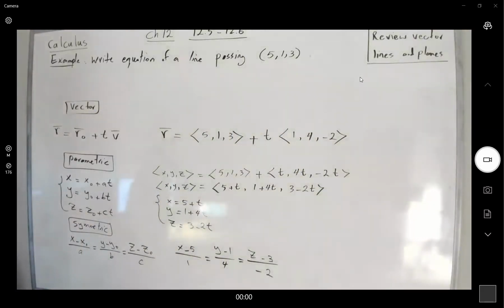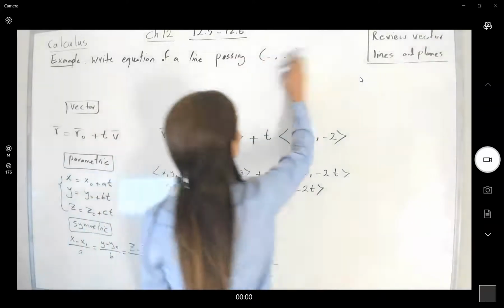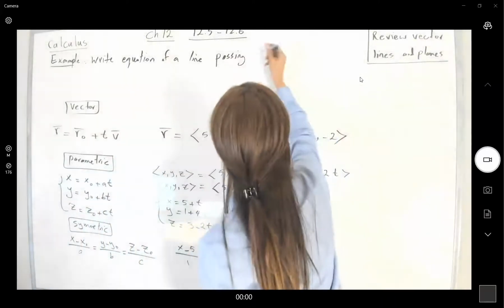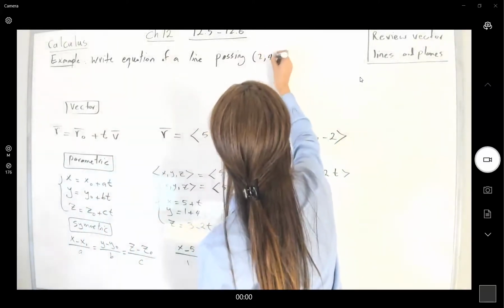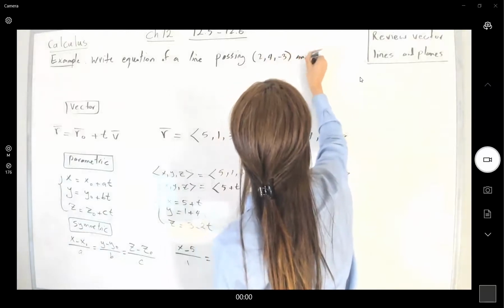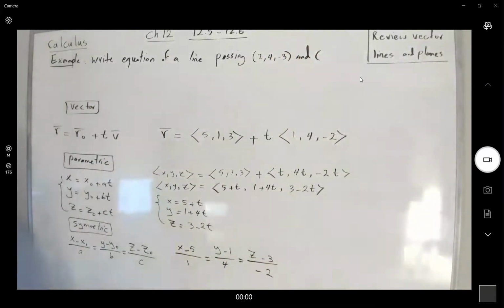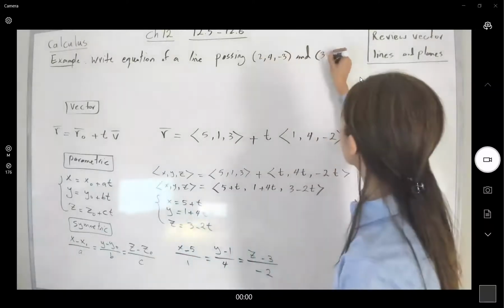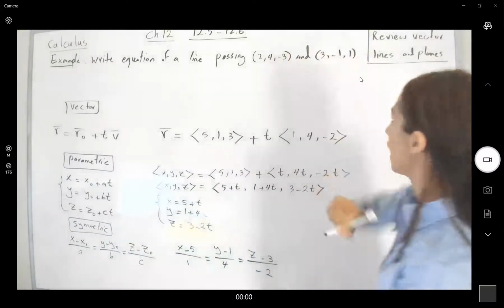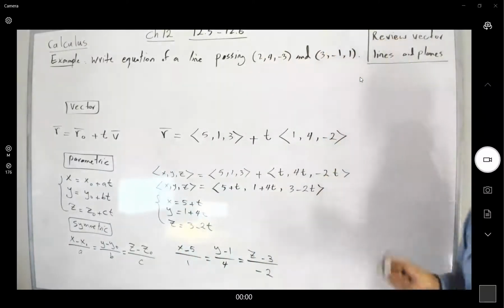So here you have the point 2, 4, -3, and another point which is given to us as 3, -1, and 1. You have 2 points.